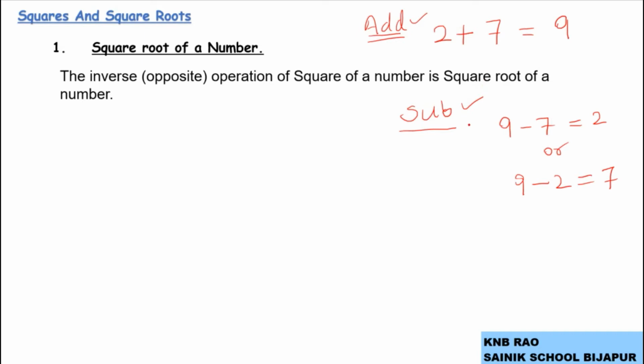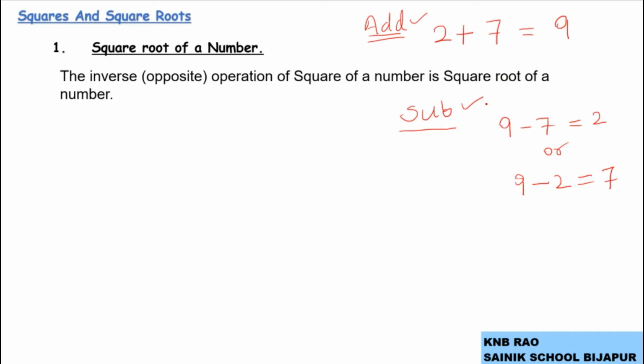Similarly, the inverse operation of multiplication is division. You are all very well aware of these four operations. Now, the inverse operation of square of a number is called square root in general.